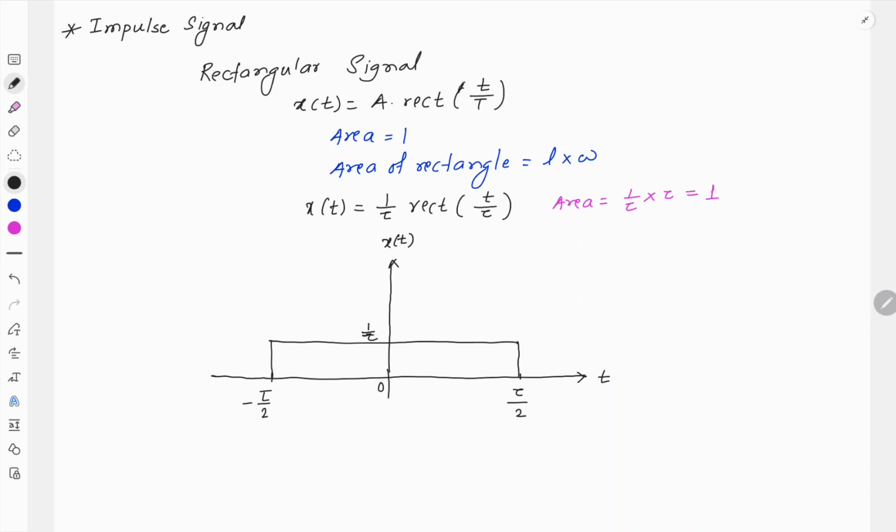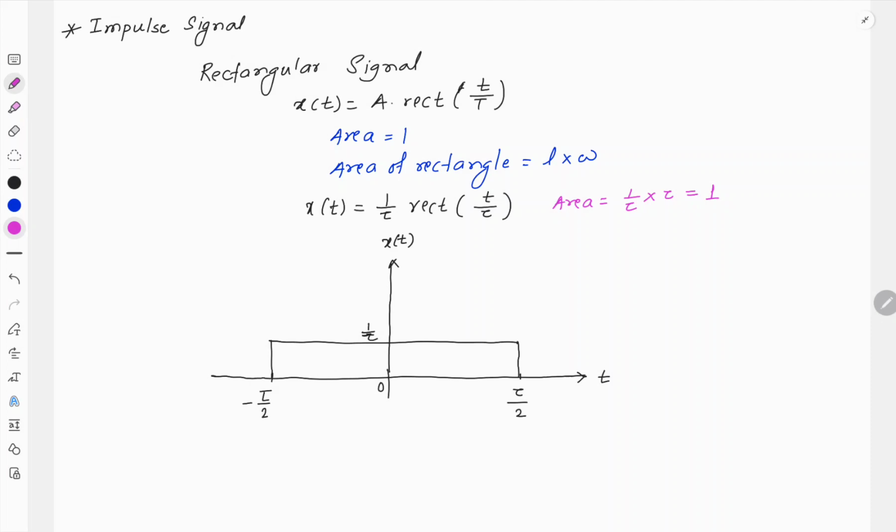Now, to convert this rectangular signal into impulse, we need to reduce the width of this rectangle, keeping area constant equal to 1. So if I want to keep area of this rectangle constant, and if I decrease the width, its height will increase, so that (1/tau) into tau remains equal to 1.